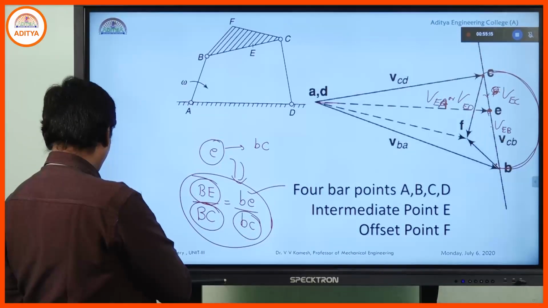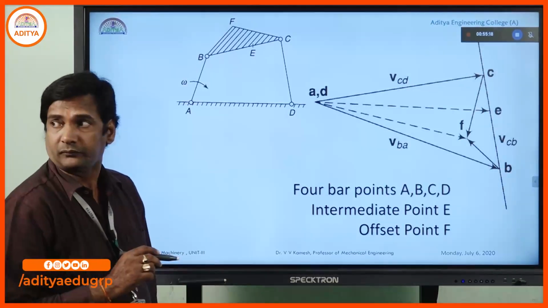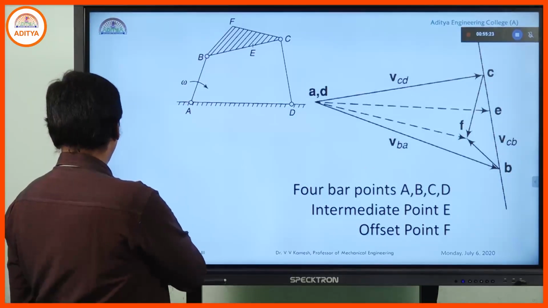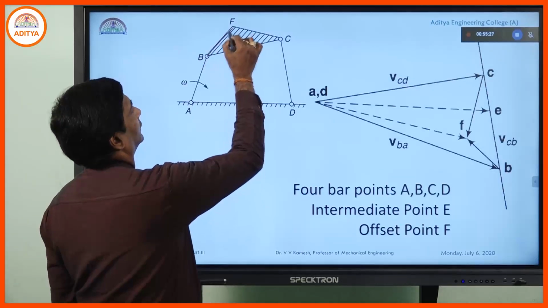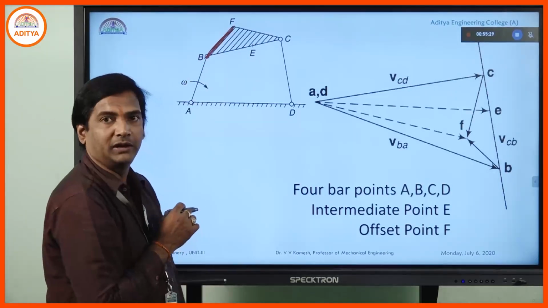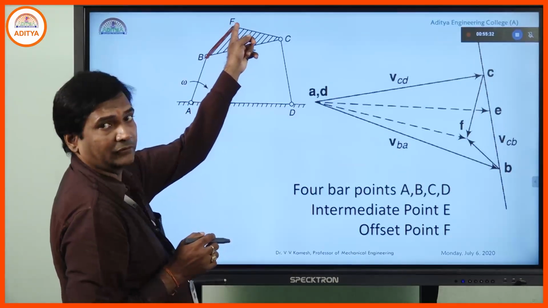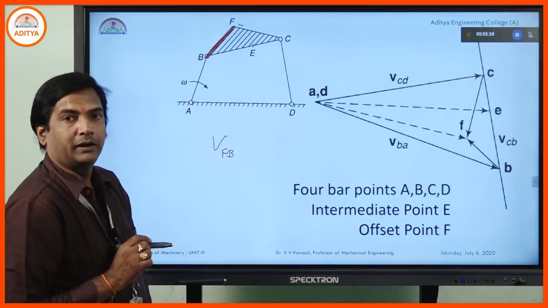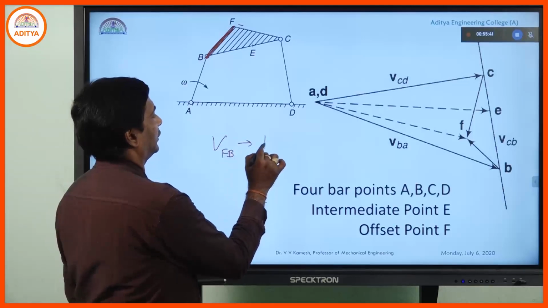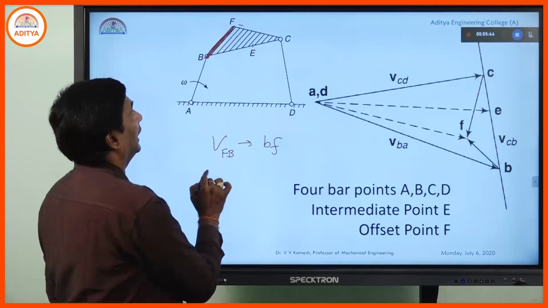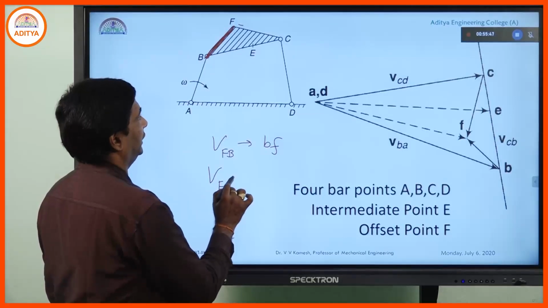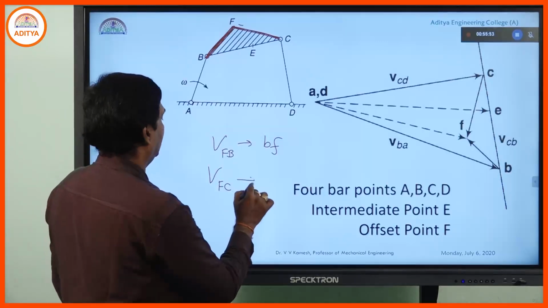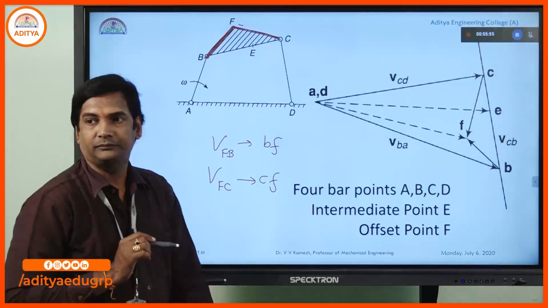Now, if any offset point is there, just like in the earlier case we discussed, the offset point lengths, again the same thing, this BF is taken as one link, and identification of the F, that means VFB, direction can be known, that means I need to draw line BF, and velocity of F with respect to C, consider this is another link, and I need to get CF line.